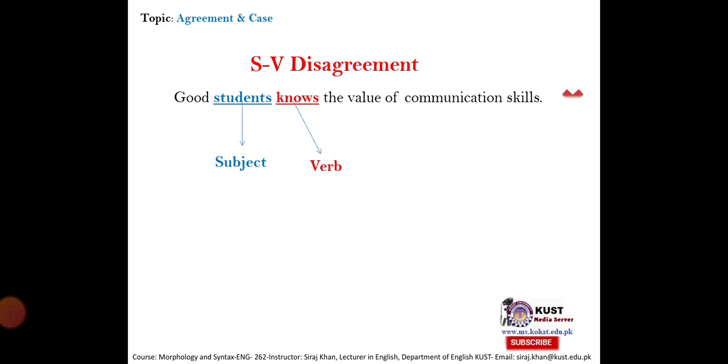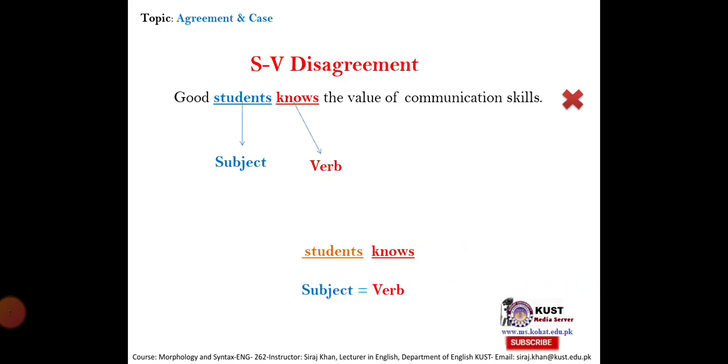The agreement between the subject and verb is violated here because the subject is plural, so the verb must be plural. Good students know the value of communication skills. Instead of know, we are having an s ending on the verb, which is incorrect.